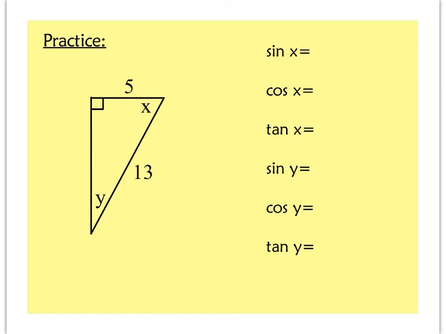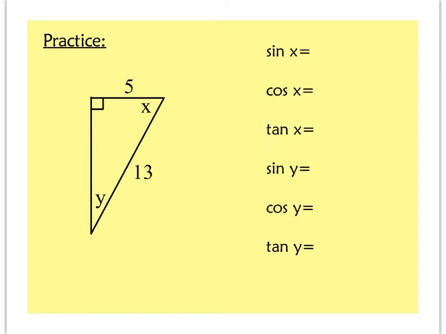So now we have x and y as our reference angle. We're going to do a couple of those real quick, just setting up our ratio. Alright, so we're going to do some of these ratios again. The difference on this one, if you'll notice from the last triangle, is I only have 2 sides labeled here. So that's going to mix things up for us a little bit depending on which of our ratios we're going to use.